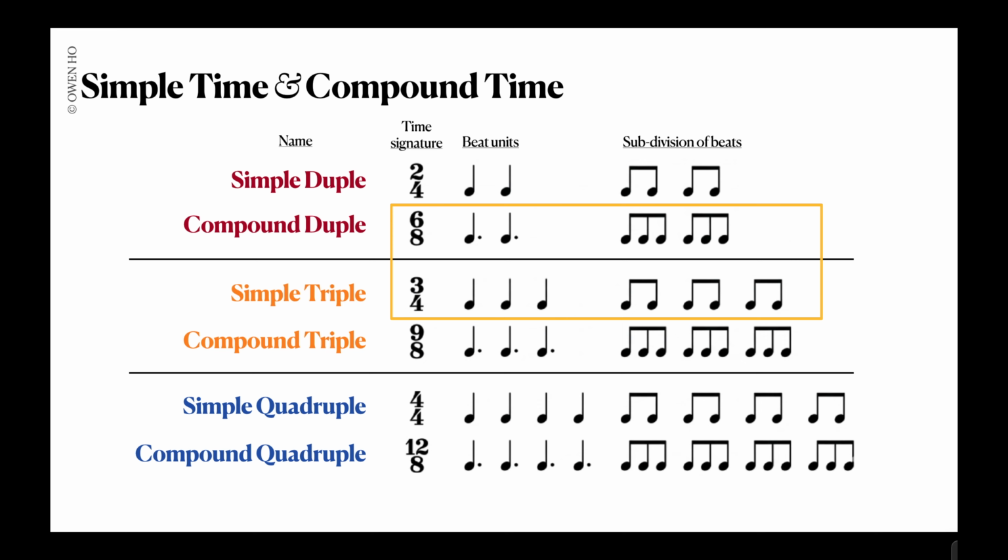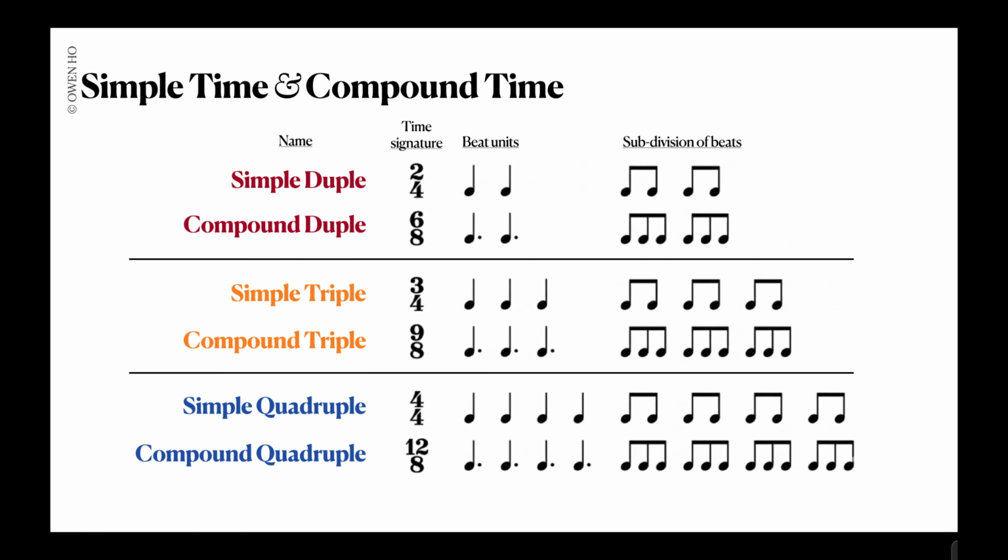And so what's the difference between them? Well, the difference is exactly the way they are grouped or divided. In 6/8, we divide these 6 quavers into 2 groups of 3, whereas in simple triple, we divide them into 3 groups of 2, and that is the difference between a compound and simple time, even if they may share the exact number of beats when subdivided.